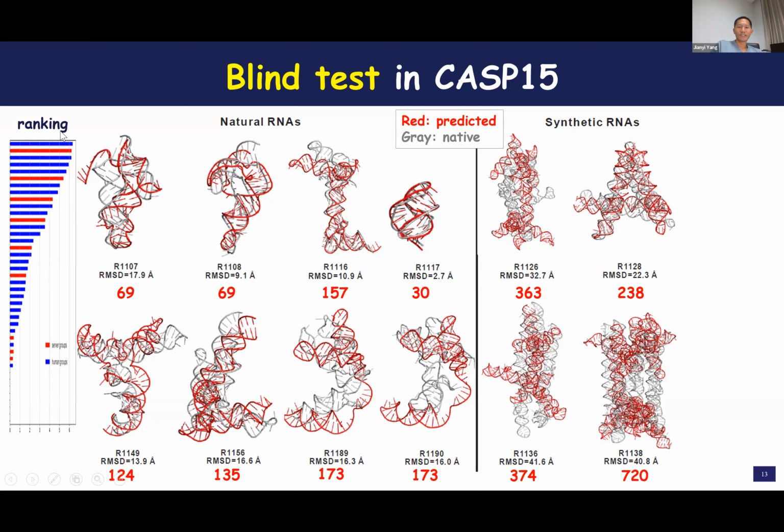So you can see for the natural RNAs, our method is ranking second by this RMSD-based ranking. The top one here is actually another method based on a conventional method. However, for the synthetic RNAs, the ranking is much lower compared with the natural RNAs. You can see it here. It's this one. So it's very bad for the synthetic RNAs.